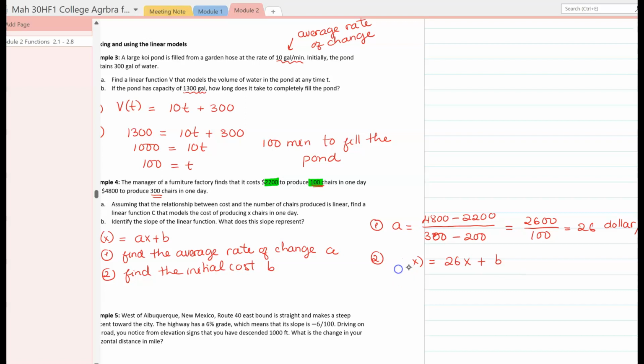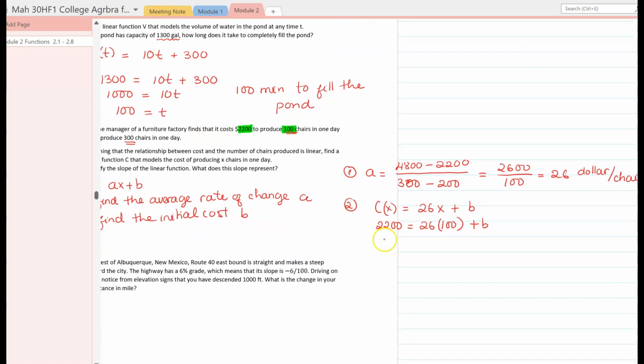So c of x, the cost, is $1,200 to produce 100 chairs. I can solve this equation for b. Okay, so the initial cost is negative 400.